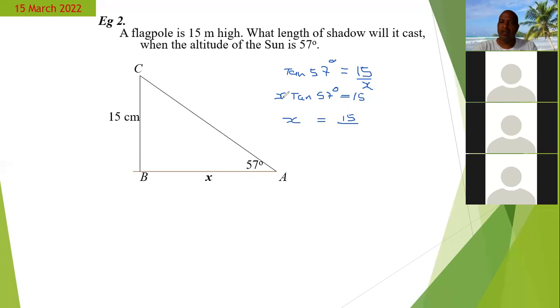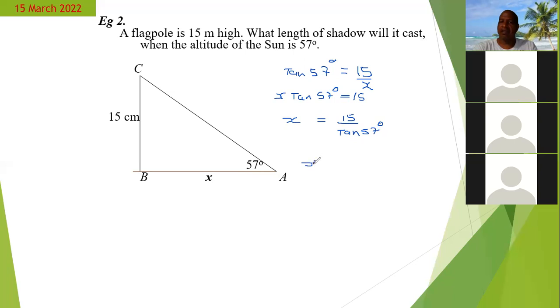So if the tan is multiplying the x on the left, you bring the tan on the right and divide the 15. Following, Miss Cabrera? Yes, sir. Okay. All right, so now you can use a calculator to find out what tan of 57 is, and then we can do that calculation.